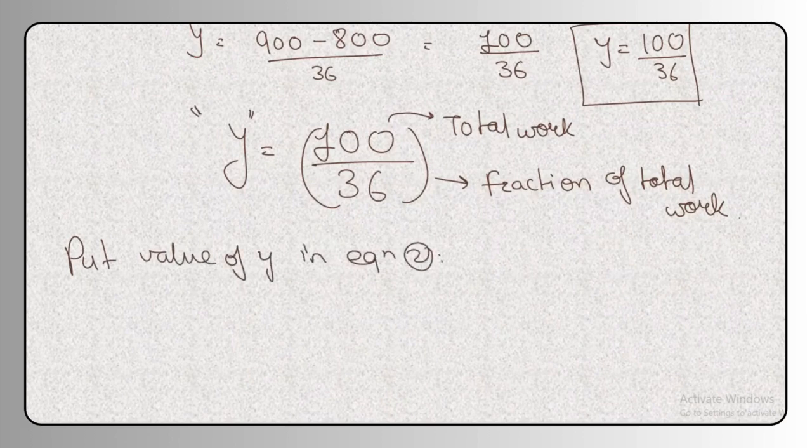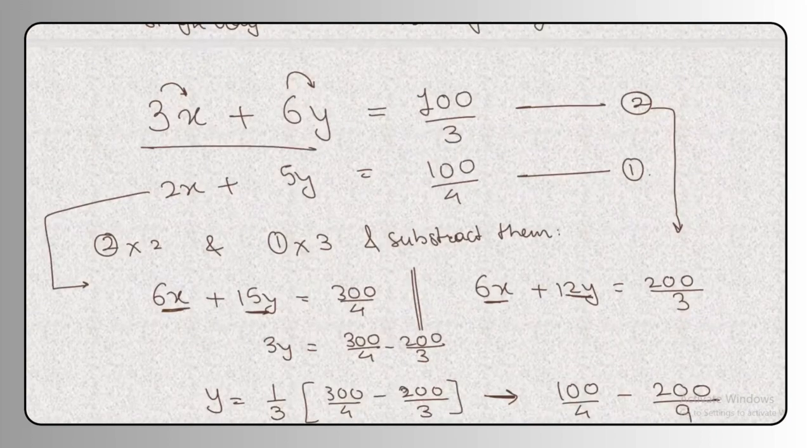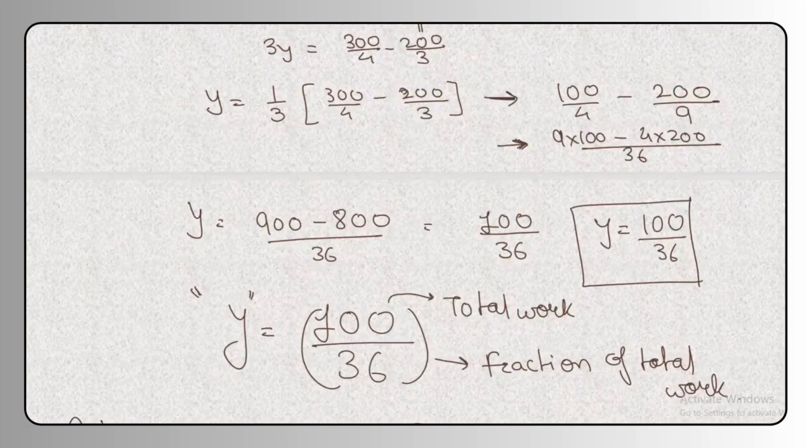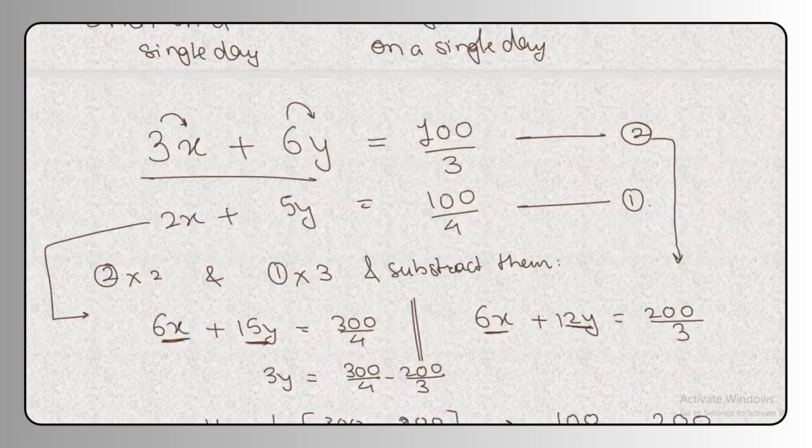So this is equation 2, 3x plus 6y. In place of y, I'll write its value, upon 3.